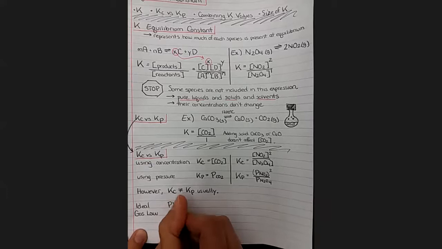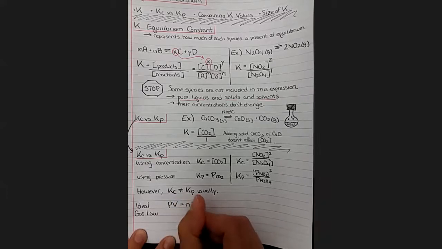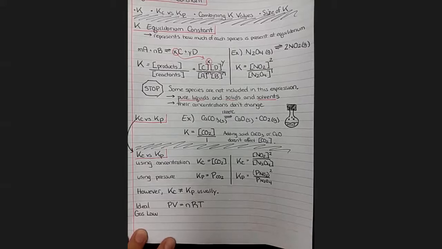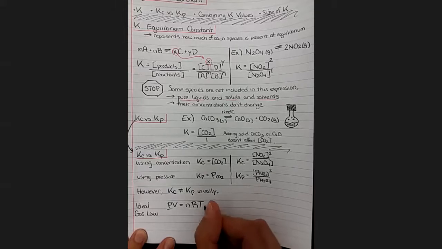The ideal gas law is pressure times volume equals numbers of moles times the gas constant times temperature. And so we want to relate pressure to concentration. So let's rearrange that to solve for pressure.